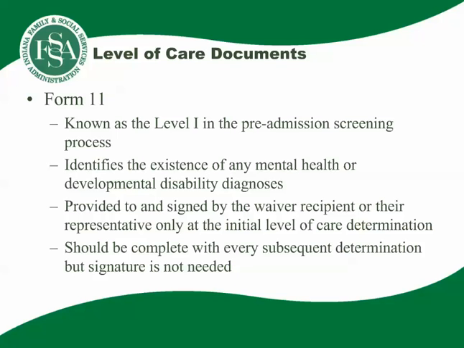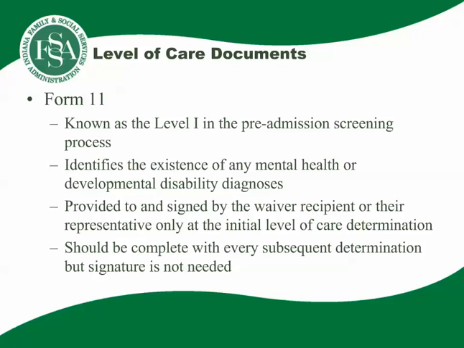The reason they need to sign the Form 11 is that if they do have mental health or developmental disability diagnoses indicated on that form, that's a trigger in the level 1 for the pre-admission screening process to do that second level of review, the level 2. And so if those individuals should decide to go into a nursing facility, they can't just go.